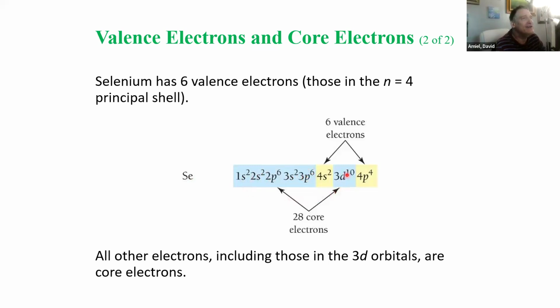And the 3d10, because it's a 3, not a 4, is part of the core electrons. So selenium would have 4 and 2, which is 6 valence electrons and 28 core electrons. In other words, the d orbitals here are also core electrons.